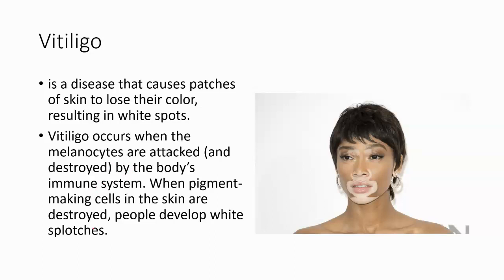When pigment making cells in the skin are destroyed, people develop these white spots. Again, very benign, but it can be traumatic. It can cause some psychological issues. This happens to be a famous model named Winnie Harlow. She's a fashion model and she became famous, and she does have what we call vitiligo. You can kind of see these white spots here where her melanocytes were attacked, so they just didn't color this part of her skin.